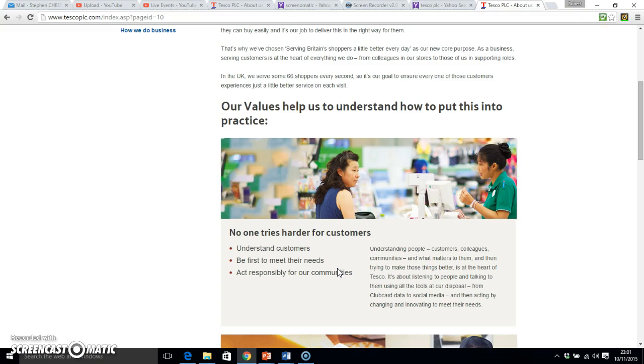If they ask you where something is, show them, take them. So there'll be slightly different objectives, but if every aisle or every delicatessen or butcher's counter in every Tesco store is all doing that, then ultimately no one will be trying harder for its customers, and Dave will be able to say that Tesco's has met that objective.